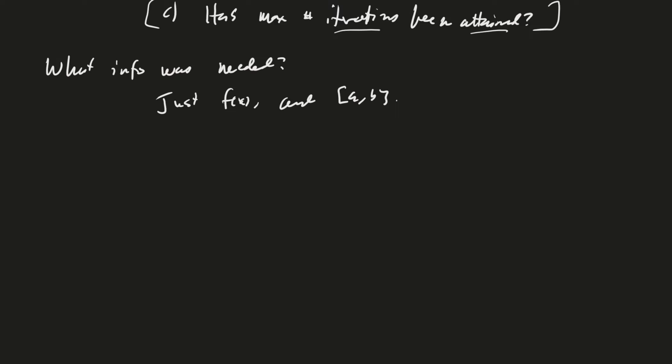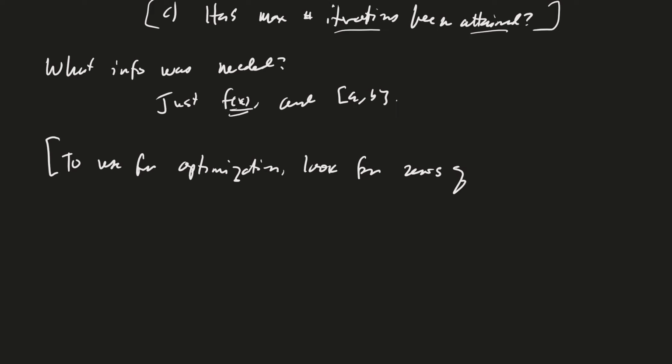Good. All right, so by the way, to use this for optimization, we don't look for the zeros of f, right? We look for the zeros of the derivative, right?